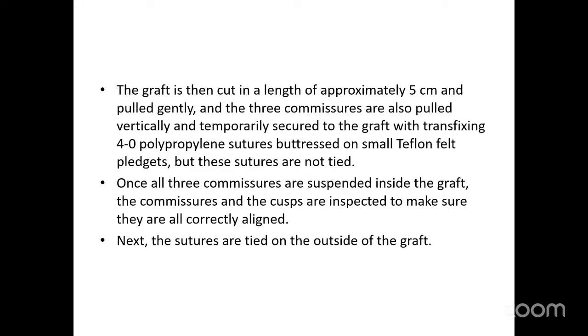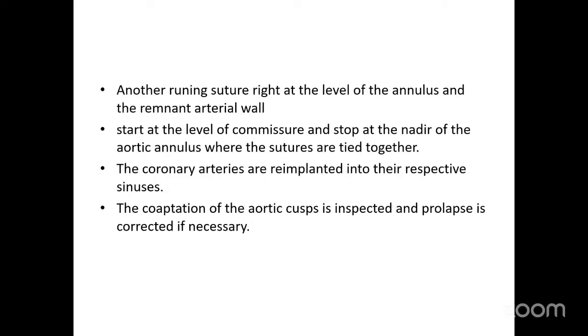But these sutures are not tied. Once all three commissures are suspended inside the graft, the commissures and the cusps are examined to make sure that they are all correctly aligned and coapted well. Next, the sutures are tied on the outside of the graft.